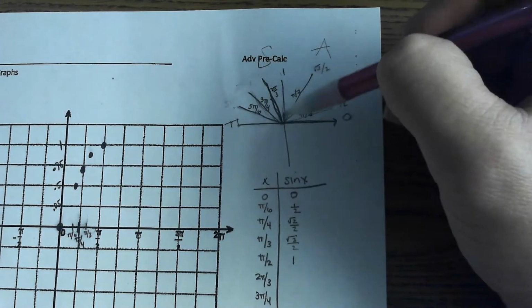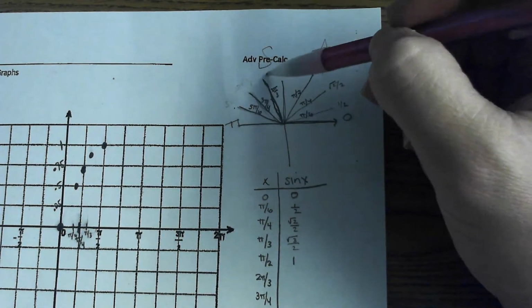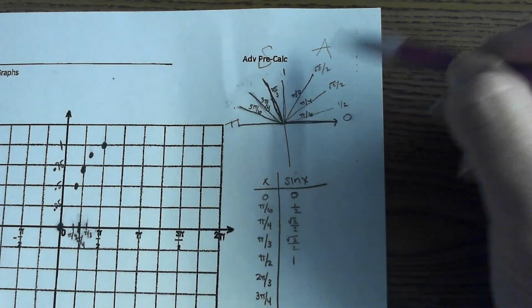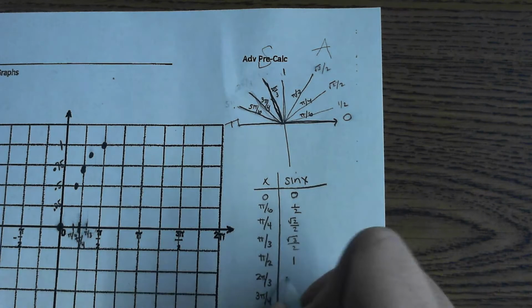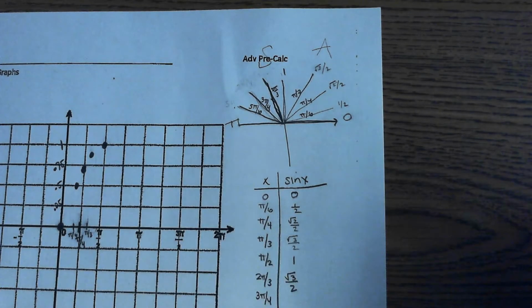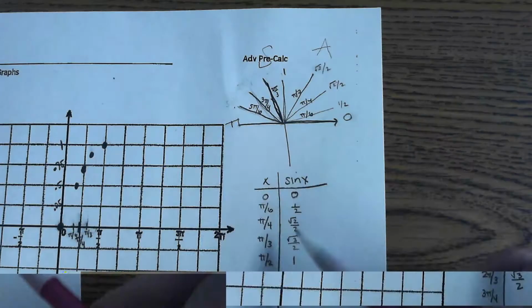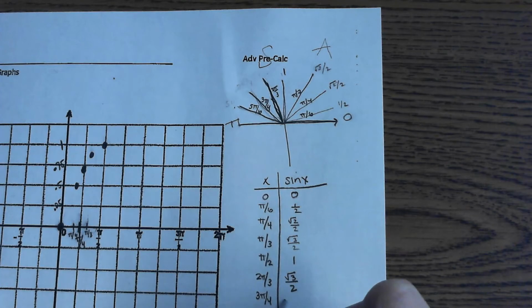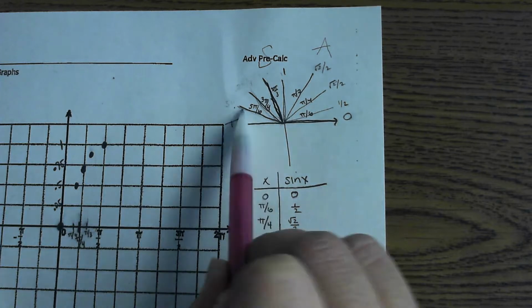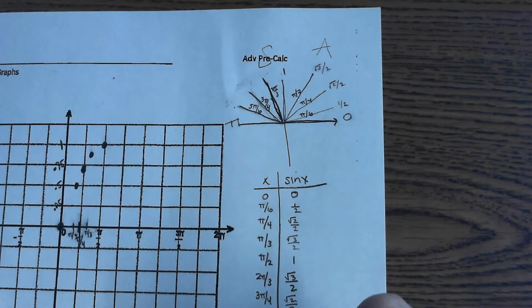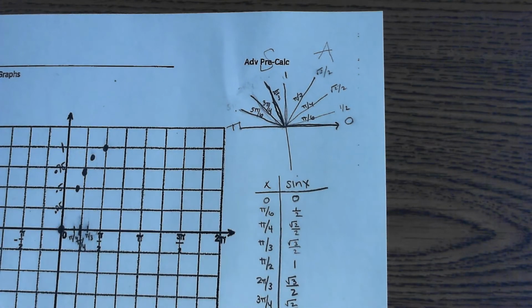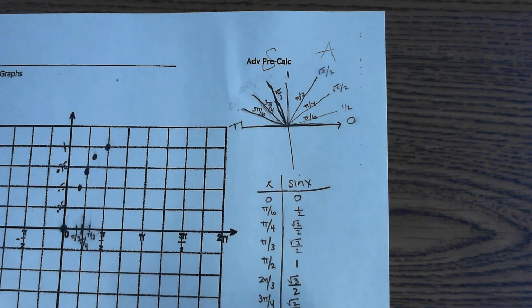So the sine of 2 pi over 3 is going to be the same as the sine of pi over 3 was, root 3 over 2. The sine of 3 pi over 4 is going to be the same as the sine of pi over 4. And then the sine of 5 pi over 6 is going to be the same as the sine of plain old pi over 6. And then the sine of pi is 0.